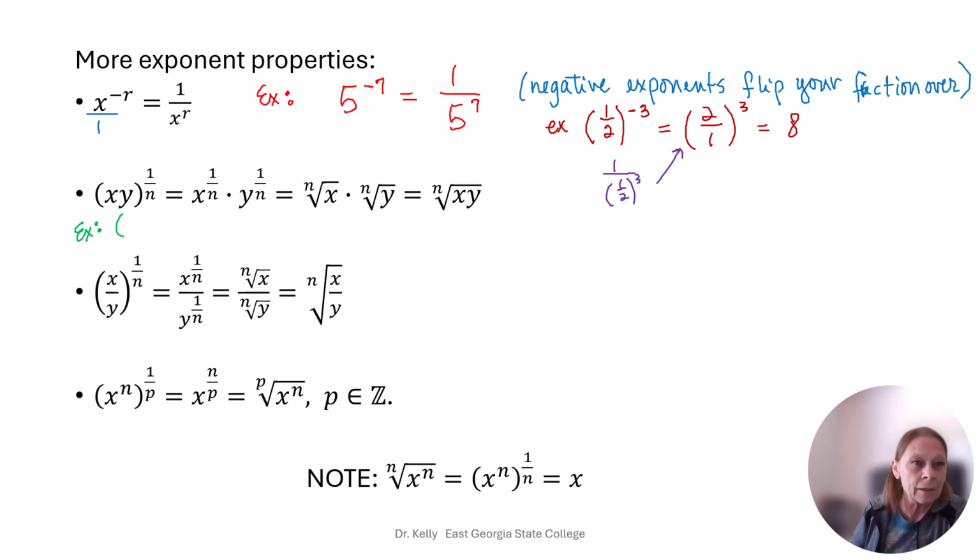If I had, say, 8 times 4 to the 1/2 power, that's going to be 8 to the 1/2 power times 4 to the 1/2 power, which we could rewrite as the square root of 8 times the square root of 4, which we could also rewrite as the square root of 8 times 4.